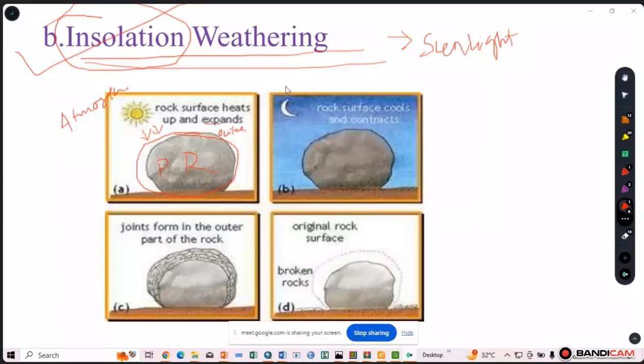Generally, any solid material that receives heat expands.